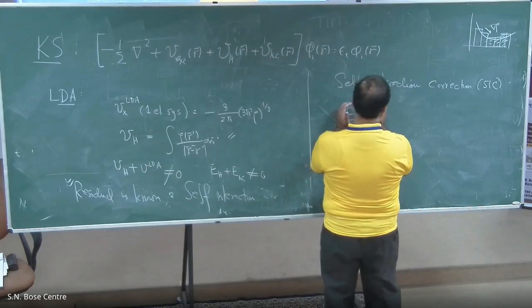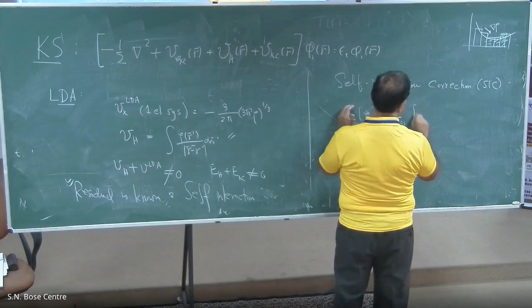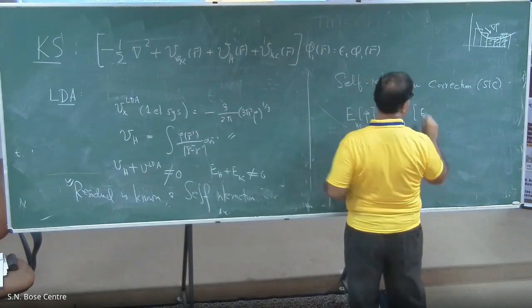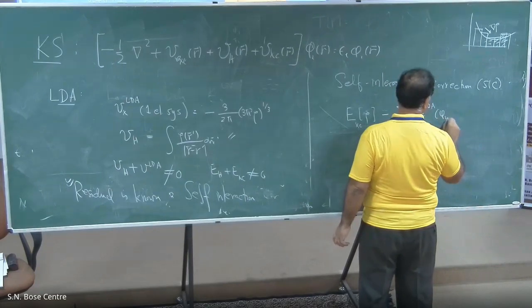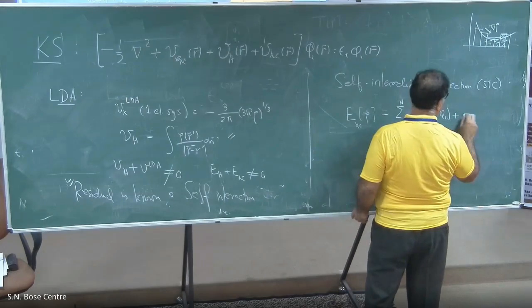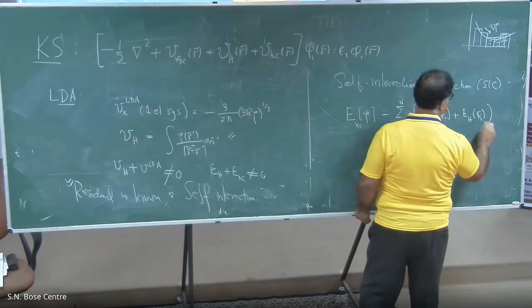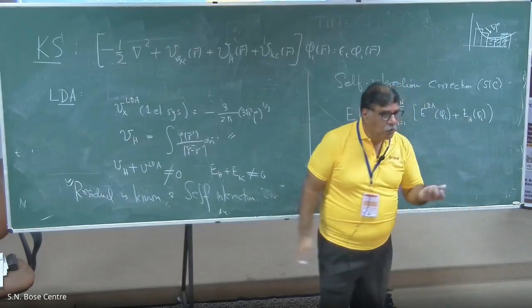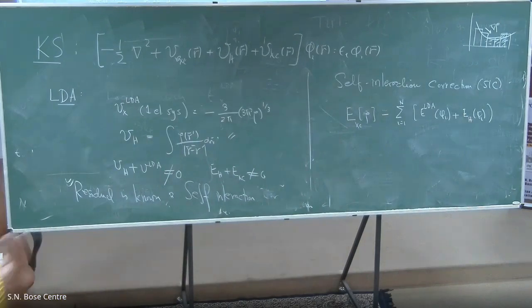So this has self-interaction, so I subtract from it, i equals 1 to n, E, what is known as LSD, I'm saying LDA, but that's okay, for each phi i, plus the Hartree for each phi i. For each orbital, there should not be any self-interaction, whatever that is, you subtract. Again, this corrects a lot of problems.